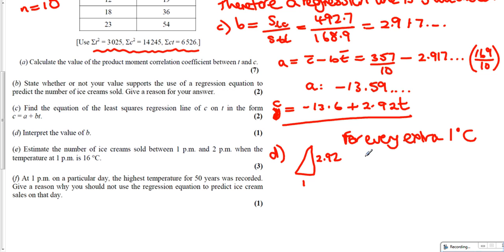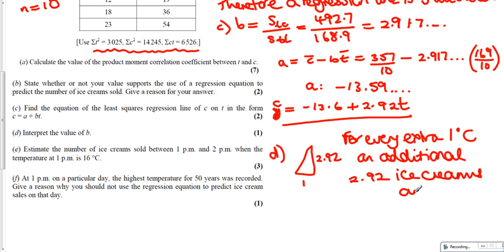That's the number of ice creams. So an additional 2.92 ice creams are sold. You could approximate that to 3. For every extra 1 degree Celsius, an additional 3 ice creams approximately are sold. So that's interpreting the value of B. If you can learn that, you're at an advantage because a lot of people miss out those interpretation questions. So it's a good way of getting a little bit of an advantage.